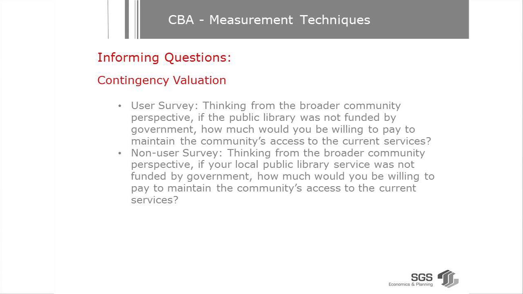Both surveys asked the same question, thinking from a broader community perspective: if the public library was not funded by the government, how much would you be willing to pay to maintain the community's access to the current services? So those are the three methods we used, and that's how we drew out those values to apply to each of the cost structures and population and membership numbers from each of the library services.